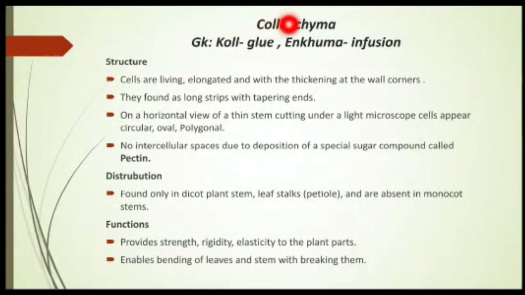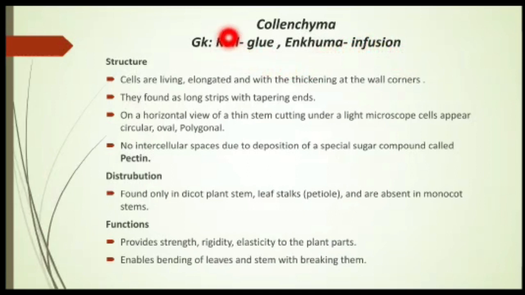Collenchyma has again been derived from a Greek term, whose first half is col, which means glue, and enkyma, which means fusion, that we have already studied in the previous module.